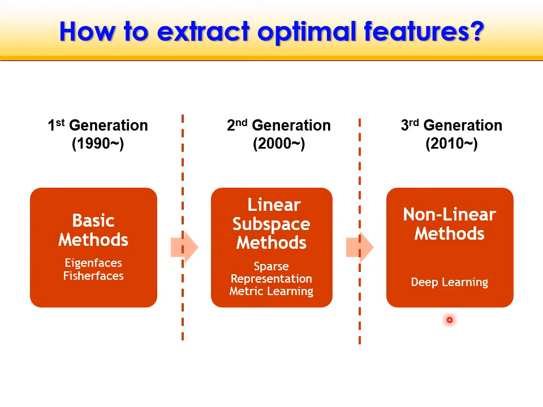Deep learning is so much better than the other ones that the first 2 generations are only studied for historical purposes, not because you're going to find these kinds of applications in real world systems.